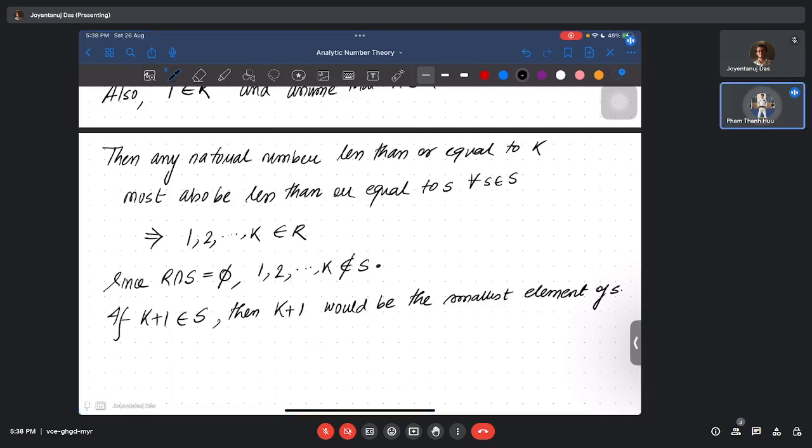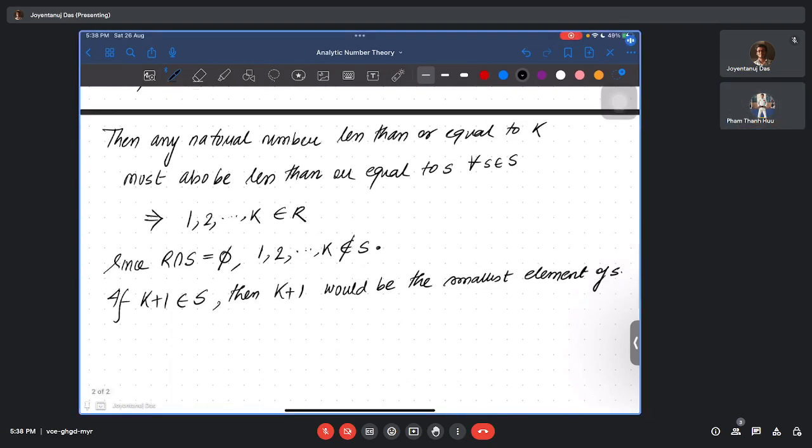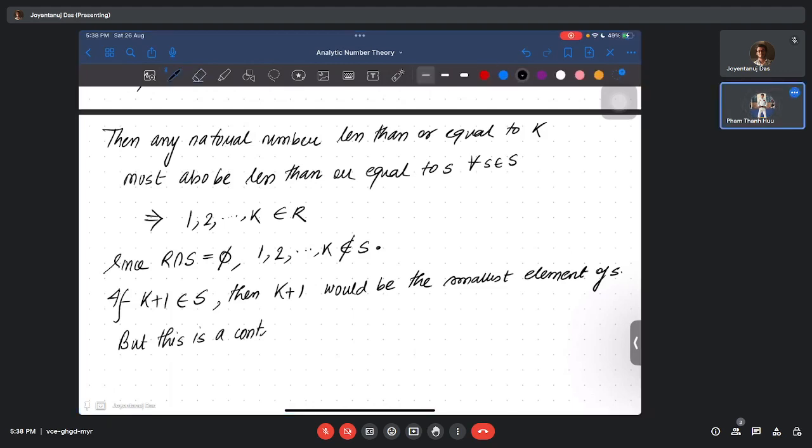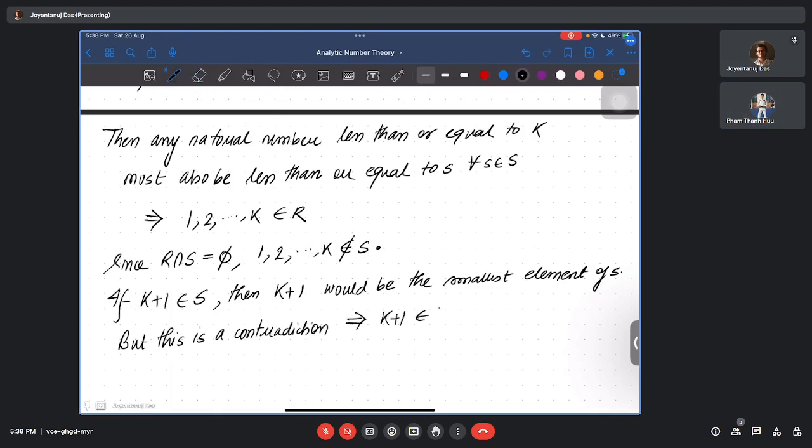Because S does not have any smallest element. So this implies that k plus 1 must also belong to R.